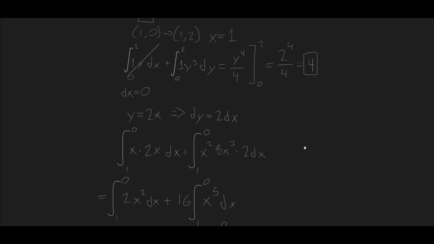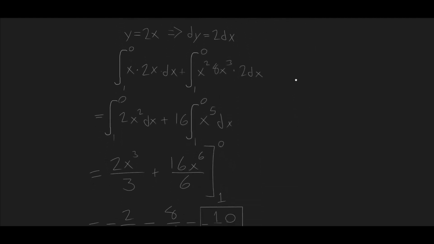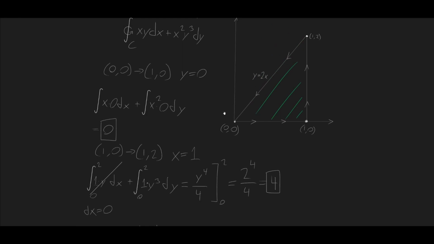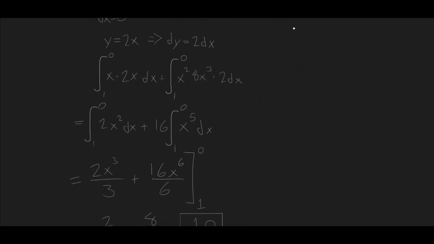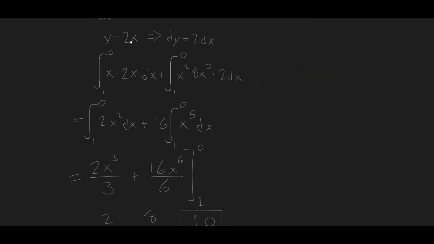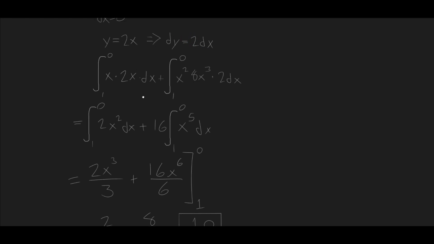So now we have 2 out of the 3 completed. And the final one that we're going to do is the one that's along the line y equals 2x. So that's going to be this line here. And when y equals 2x, dy equals 2 dx. So we're going to use this to convert our dy integral into a dx integral.